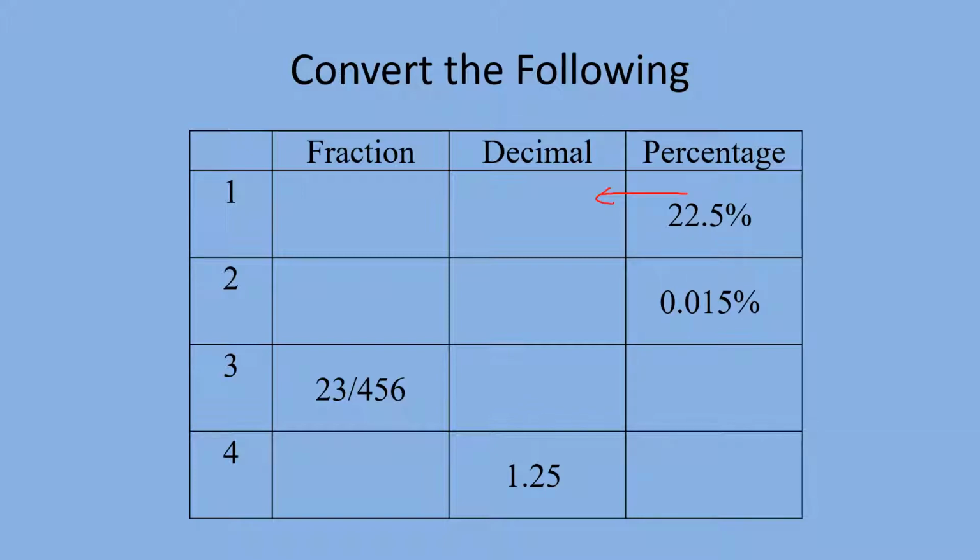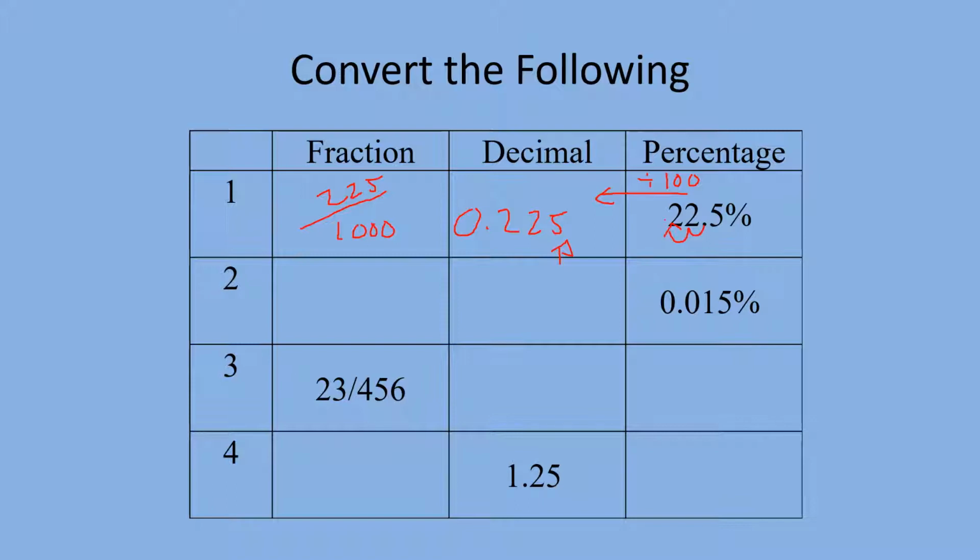We have to divide by 100. So this would become 0.225, right? So you just move the decimal 1, 2. And then the 5 is in the thousands. So it's 225 over 1,000.